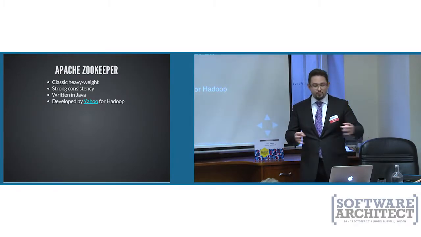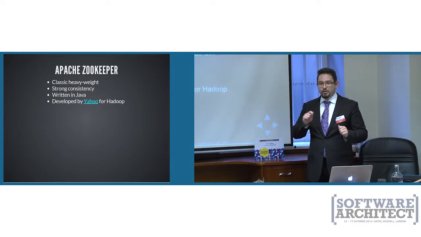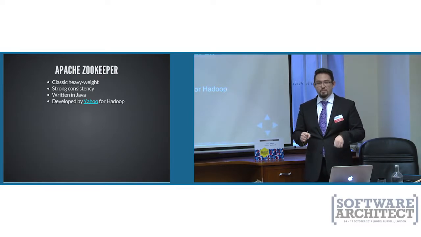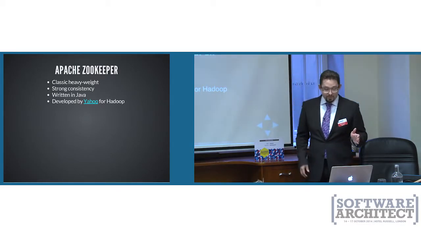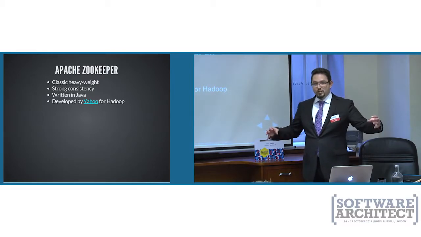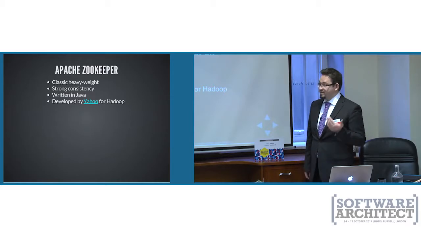That means if you have multiple Zookeepers and, for example, one application changes the configuration setup, let's say, okay, I'm shutting down, so I want to remove myself from the mail service pool, all the Zookeepers will be in sync.